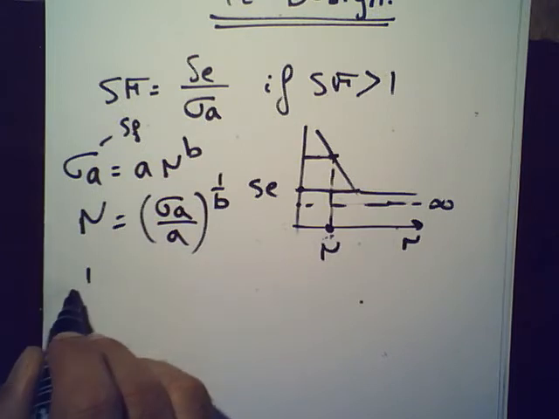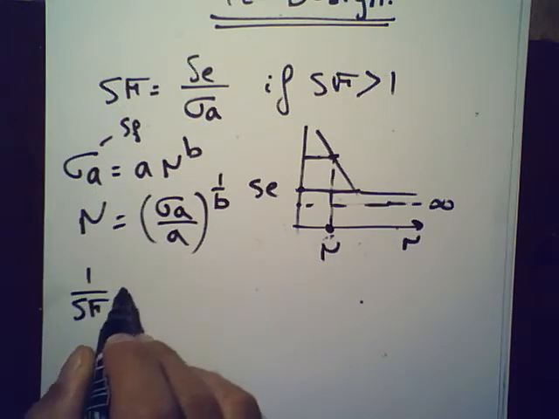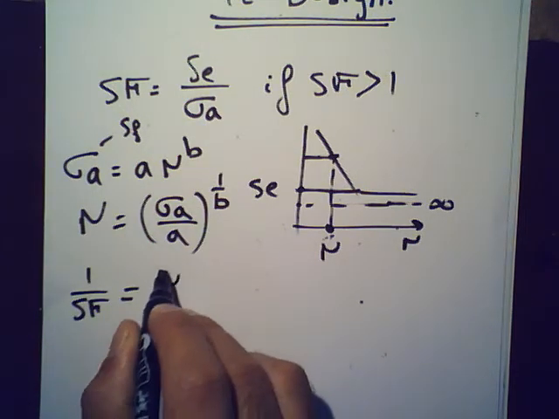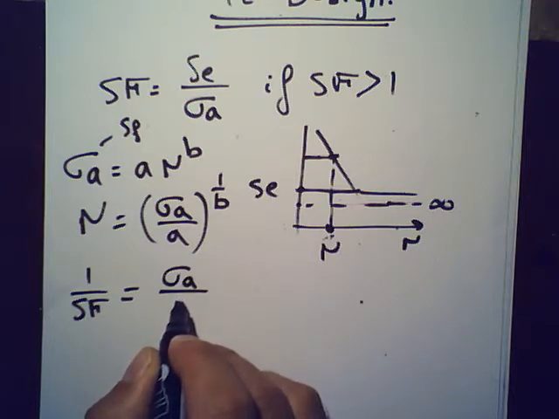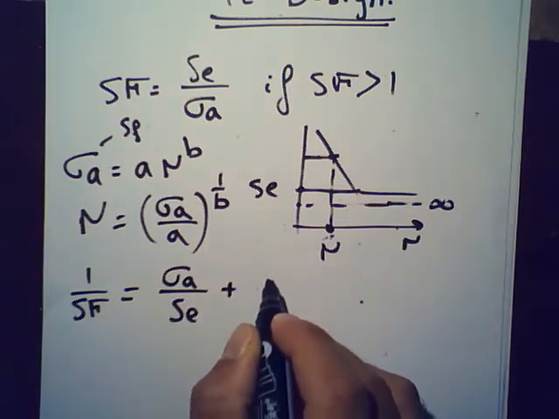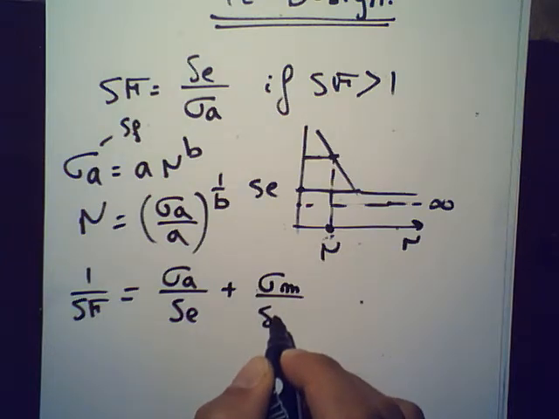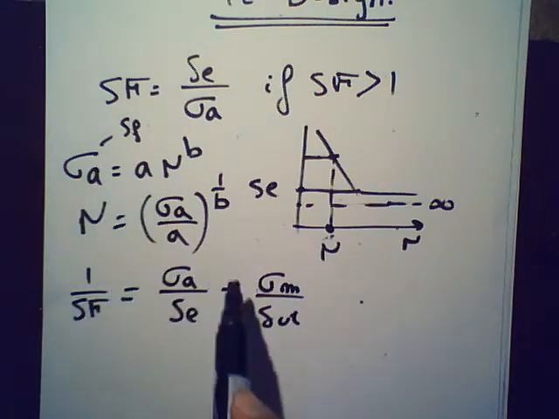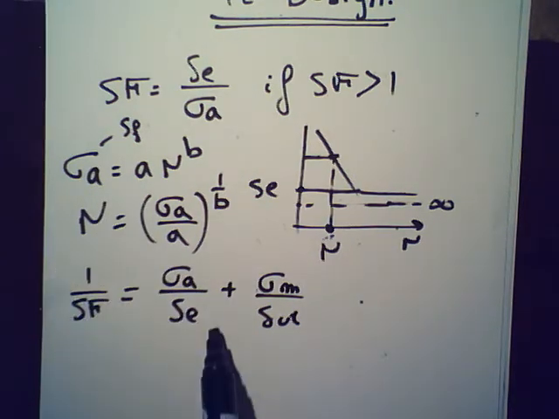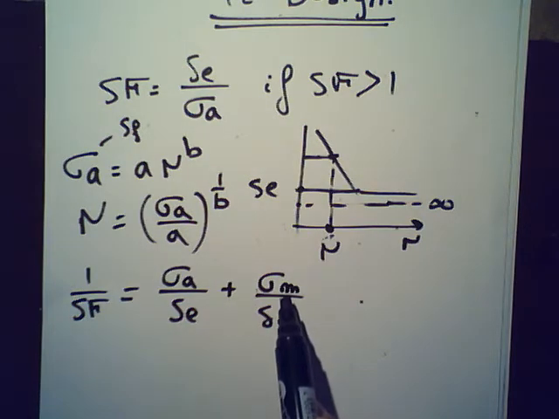In that case, we write the safety factor equation that we had, which is 1 over SF equal to sigma A over SE plus sigma M over SUT. The previous case dealt primarily with the first portion, where sigma M is 0.